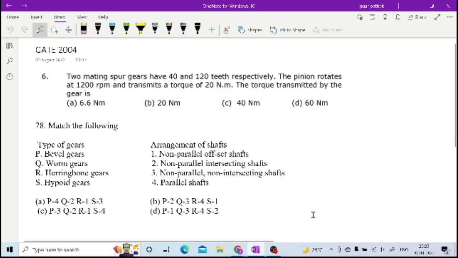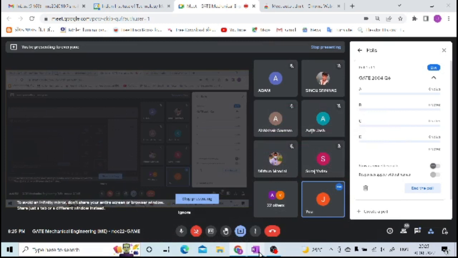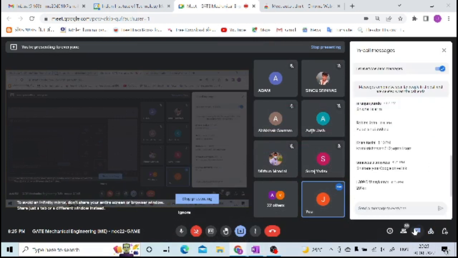Everyone is getting the same. I hope so. Let me check whether the answer is there. You can type in your answer through the poll also, right?